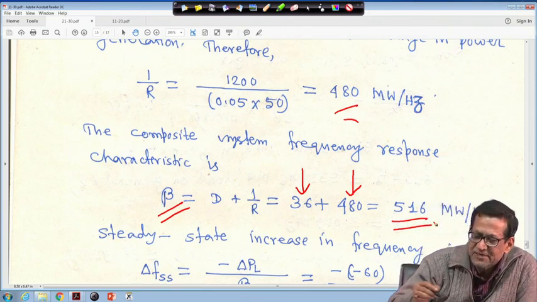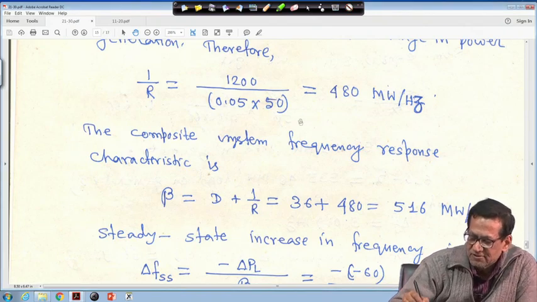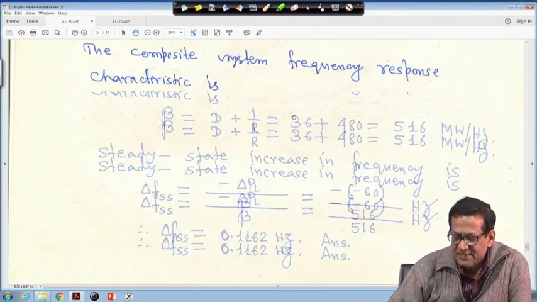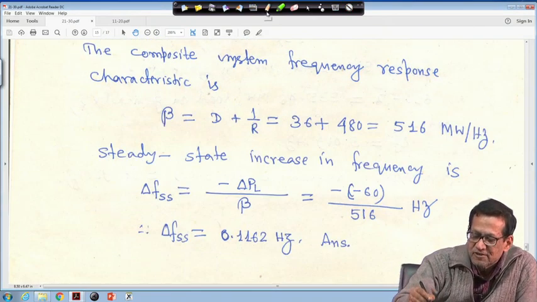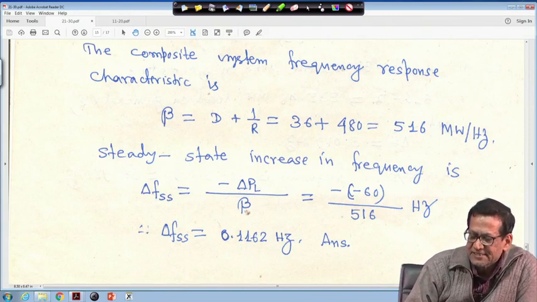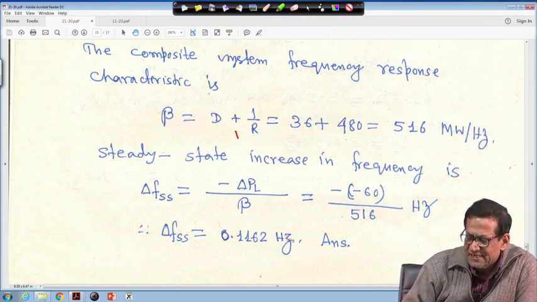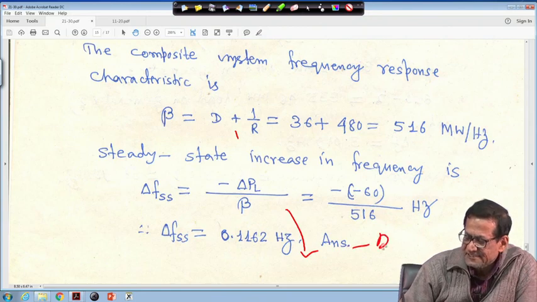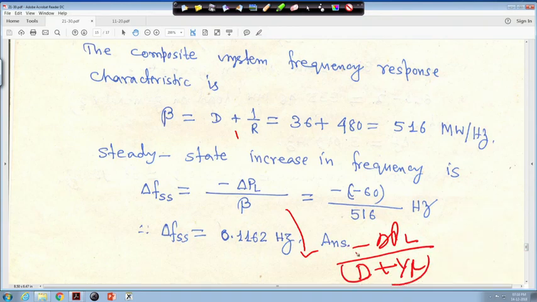Therefore, the steady state frequency, as the load is decreased, is delta FSS equals minus delta PL divided by D plus 1 upon R, that is beta. The load has tripped, so it is minus of minus 60, so 60 upon 516, which is 0.116 hertz. So, this is the answer, right.